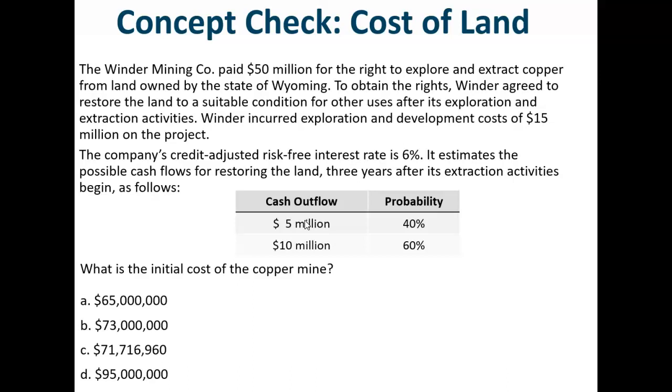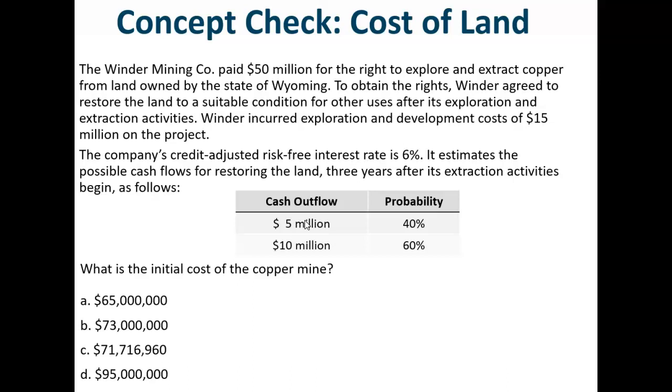To obtain the rights, Winder agreed to restore the land to a suitable condition for other uses after its exploration and extraction activities are complete. Winder incurred exploration and development costs of $15 million on the project. The company's credit-adjusted, risk-free interest rate is 6%.